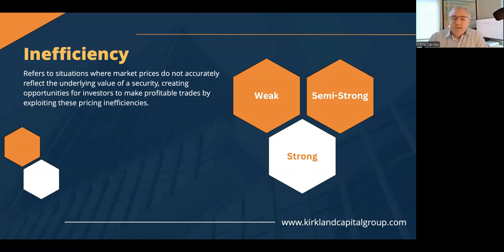inefficiencies exist. They are generally caused by government regulations. One of the greatest ones that I took advantage of for years as a trader was a tax regulation inefficiency. So you have tax treaties between countries. Well, that can create certain opportunities to generate a true arbitrage or an excess return.